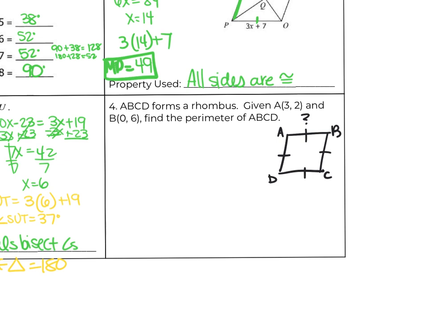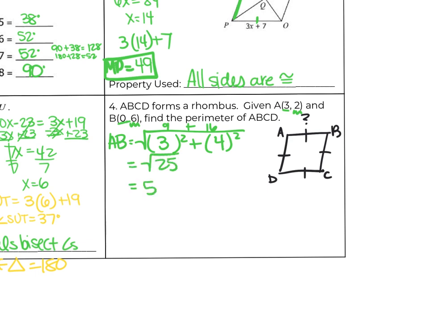Anytime we're trying to find length, remember we're going to use our distance formula. The distance between the x values, 3 and 0, is 3. So I square that and add it to the distance between the y's, 2 and 6, which is 4. 3 squared is 9. 4 squared is 16. Add those, you're taking the square root of 25, which is 5.